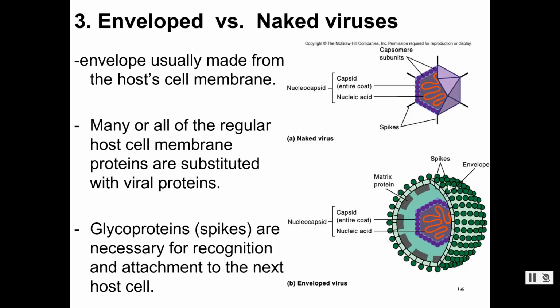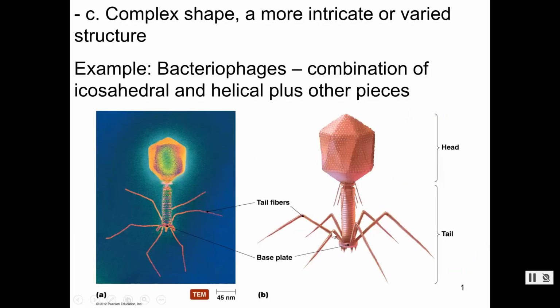Now, on the outside, when we went through the structure, I said that the tail fibers or whatever's on the outside of the capsid have to be able to attach to the host. So whether it's a non-enveloped or an enveloped virus, there has to be a way to attach.